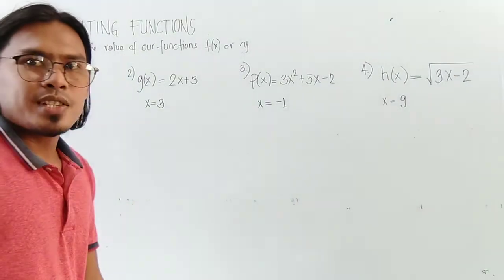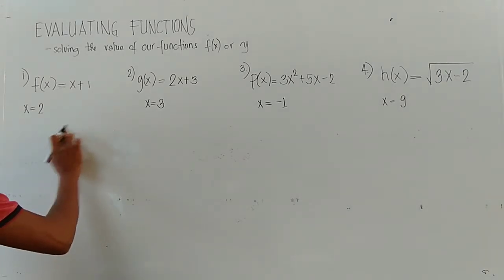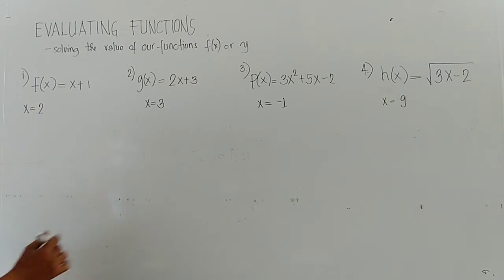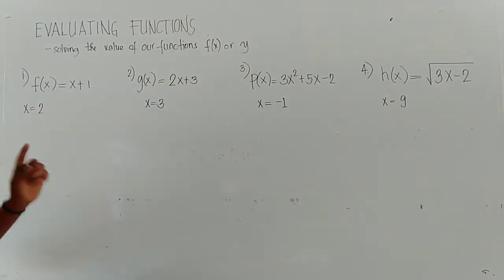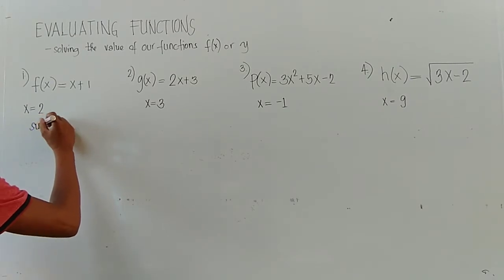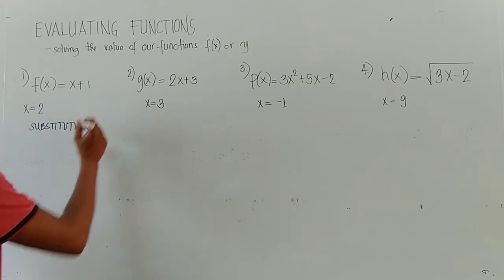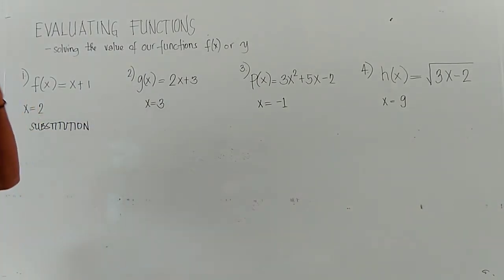So on the board, we have example number one. We have f of x is equal to x plus 1, where the value of x is equal to 2. So the most basic step in evaluating your function is substitution. So the first step is substitution.